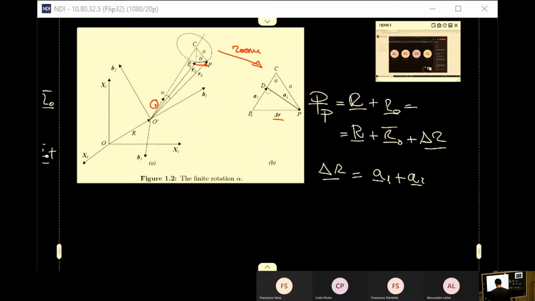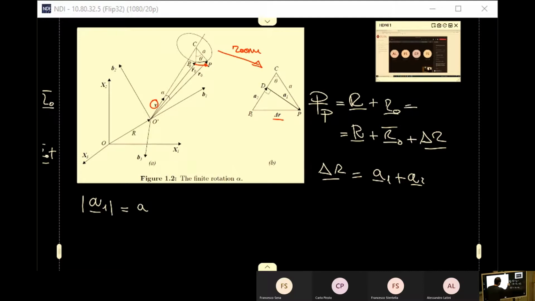Let's start with A1. Let's start with the module of A1, so its intensity, which we will denote like this. A1 can be described as what? Well, A is nothing different than the radius of the circle described by point P0, going from P0 to P. A in this zoom view is CP.